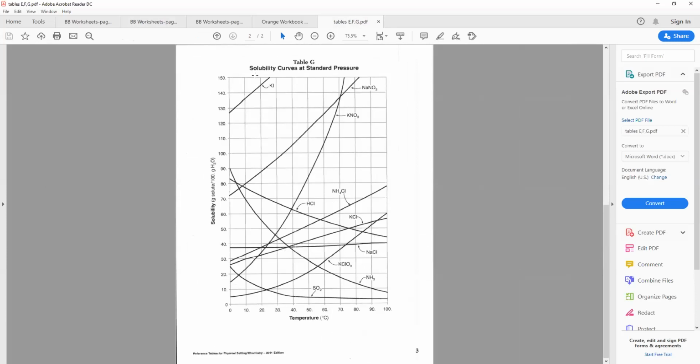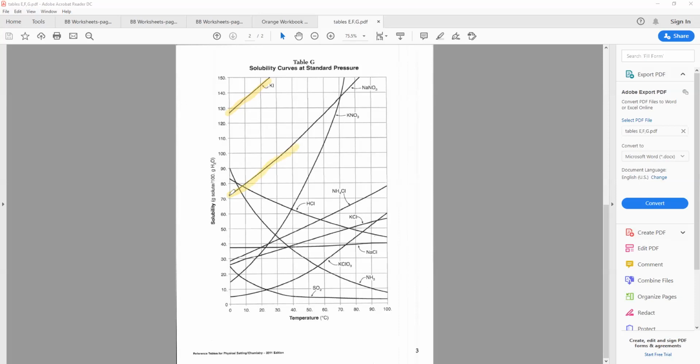And you can see it's the solubility of any chemical in water, specifically 100 grams of water, and they measure the temperature. So let's go ahead and see what's happening with all of this. We see KI is an ionic solid. What happens to the solubility as the temperature increases? As the temperature increases, what does that mean? More and more and more solid can dissolve in what? 100 grams of water.